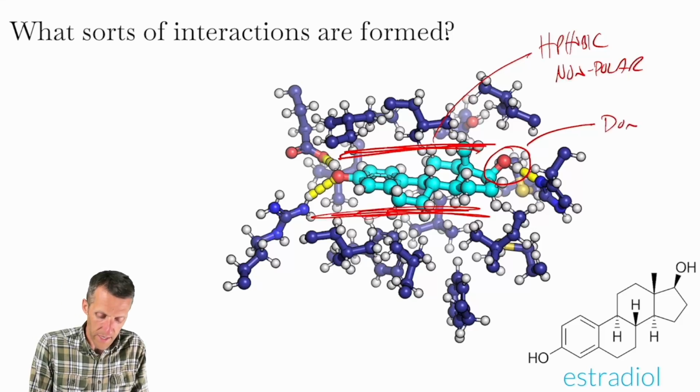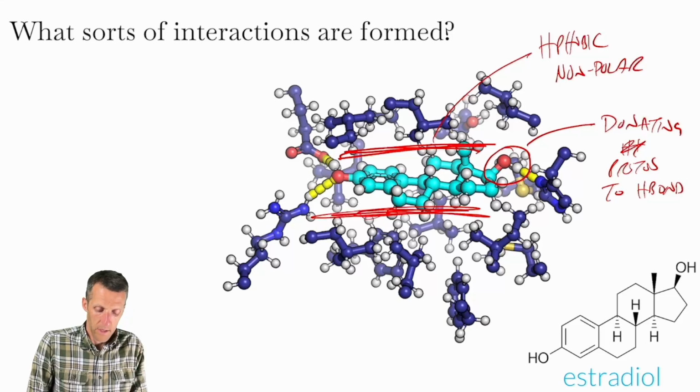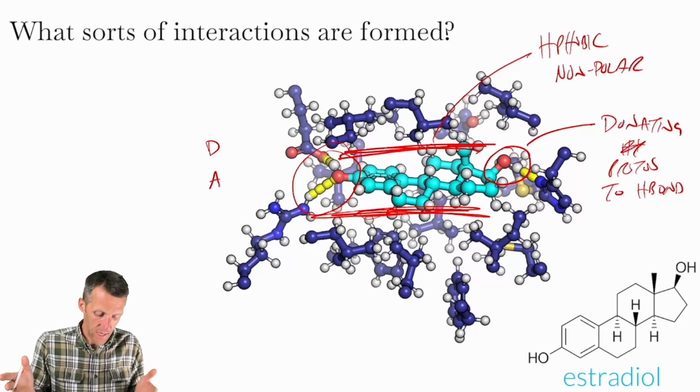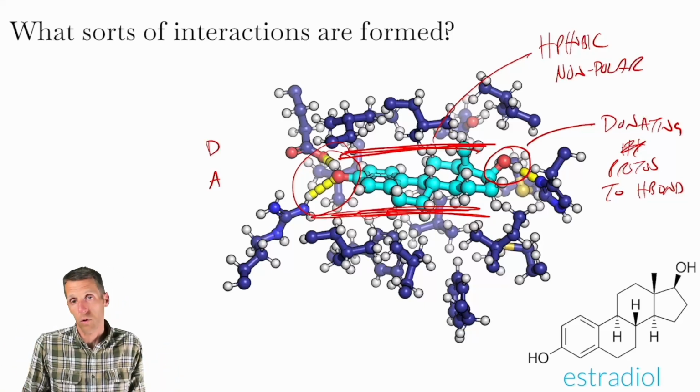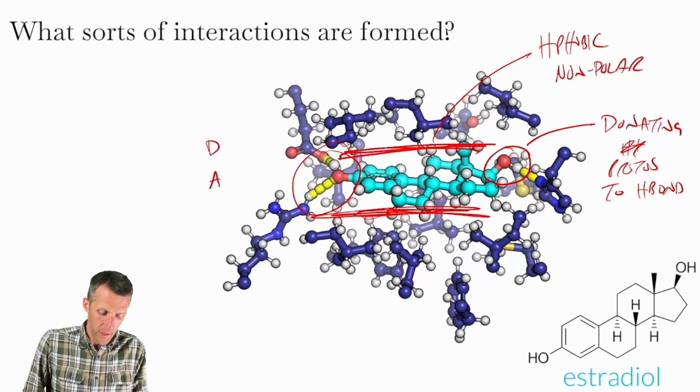It is donating a proton to an H bond. And then on this side, we have that aromatic A ring that's both donating and accepting. The hydroxyl is accepting a proton from an arginine, and the hydroxyl is donating its proton to a glutamic acid or glutamate. Okay. So those are the interactions that are being formed.